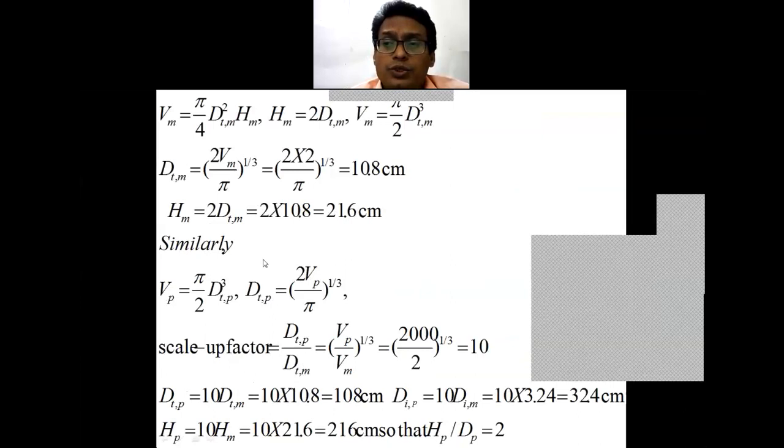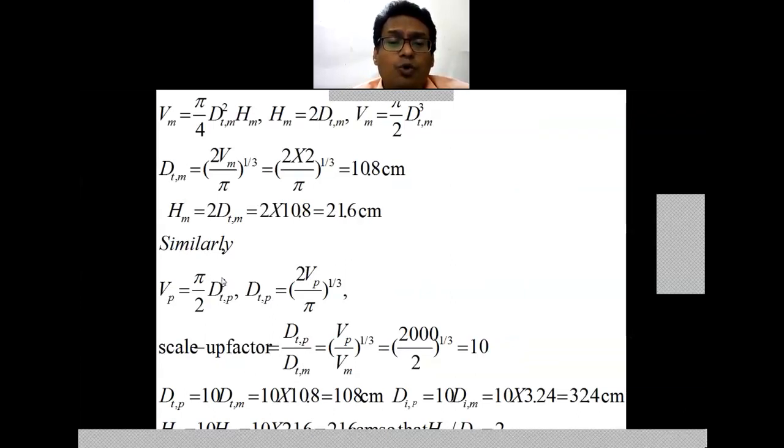So pi by 2 into dT cube of the prototype. Now m is replaced with p, that is prototype. So the diameter of the tank for the prototype will be equal to 2 times the volume of the prototype upon pi. We know the volume of the prototype, that is, from 2 liters we have to go to 2000 liters.